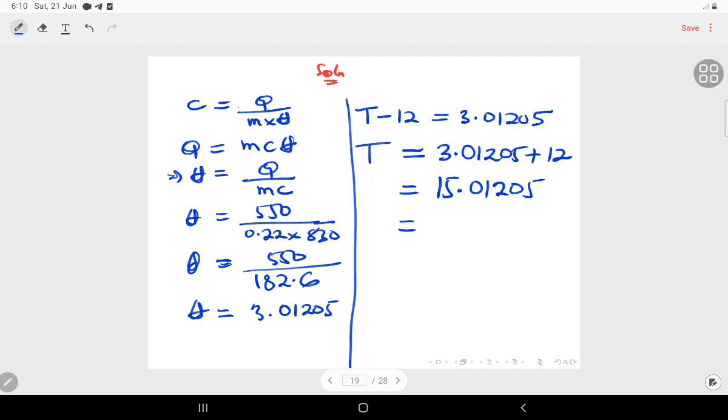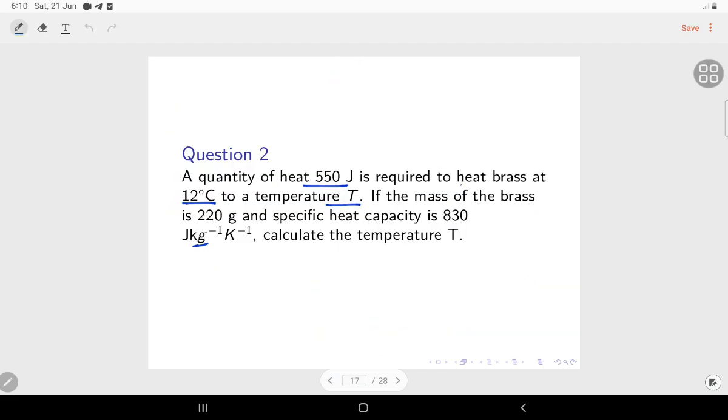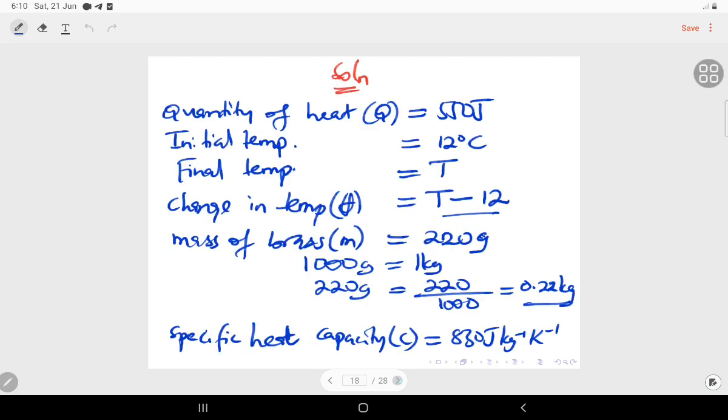We can't write it all because this is our final answer. Let's leave it to 2 decimals, or 3, let's say 3, degrees Celsius. Degrees Celsius because it will take the unit of the initial temperature, which was degrees Celsius.